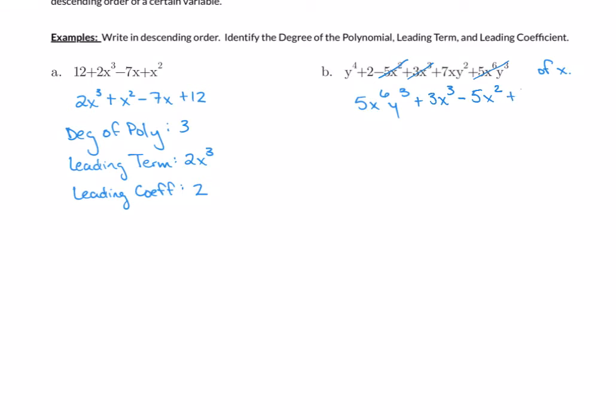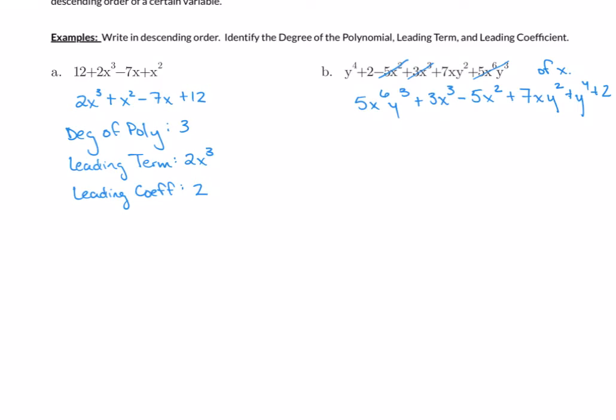I see plus 7xy squared. And then I'm going to do my y to the fourth plus 2. Both of these don't have an x in it, and so it's kind of up in the air as far as which one would go first. But as I mentioned earlier, I always like having my constant term last.